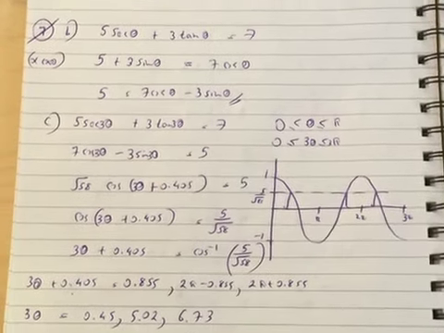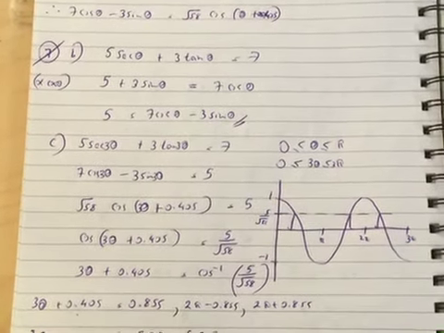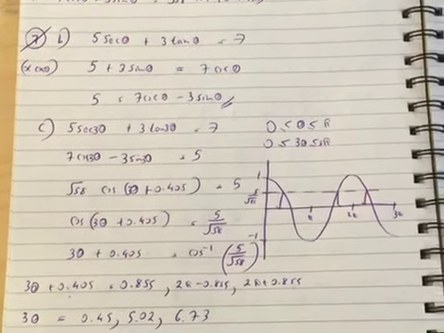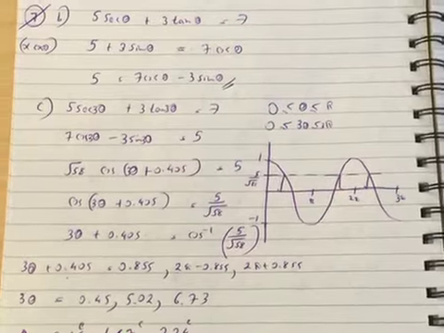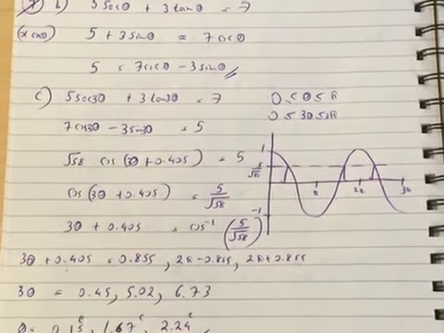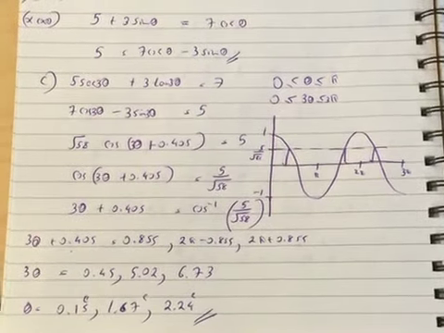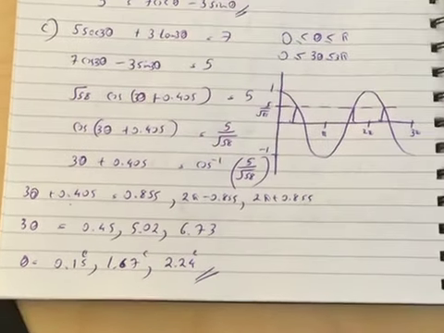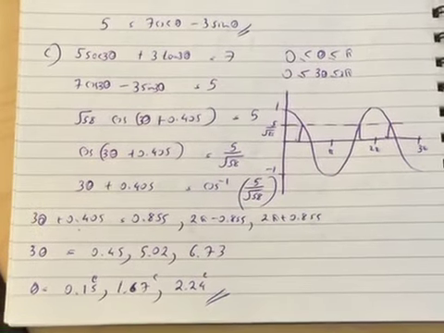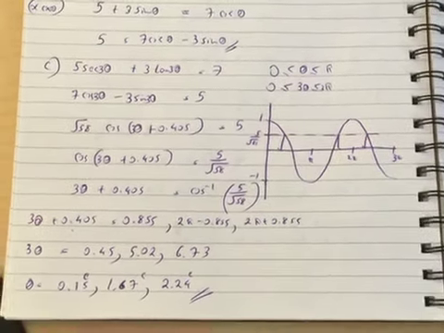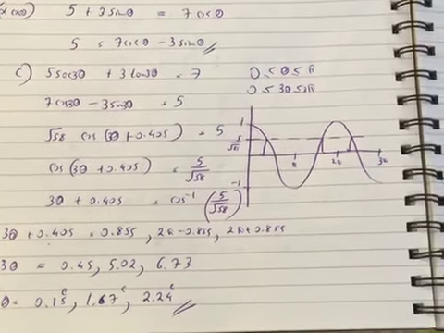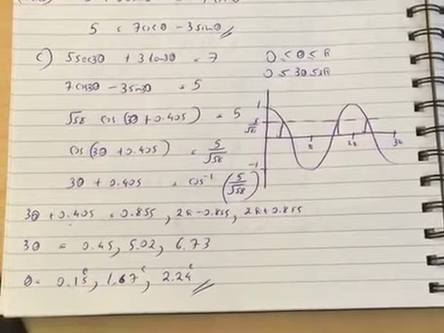Then you change that to the r cos(theta plus alpha) form, which is root 58 cos(3 theta plus 0.405) equals 5, so cos of that equals 5 over root 58. So 3 theta plus 0.405 equals cos inverse of 5 over root 58. Now you can see I've drawn a graph here. This is where the graph is quite handy, because theta is between 0 and pi, so 3 theta is between 0 and 3 pi.